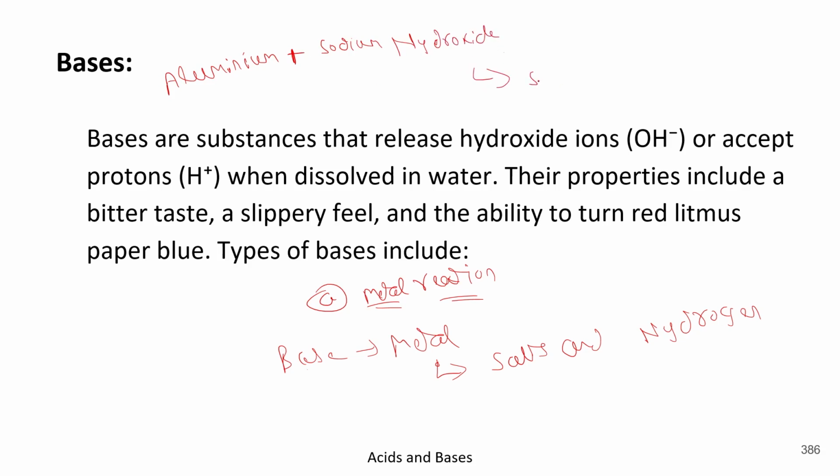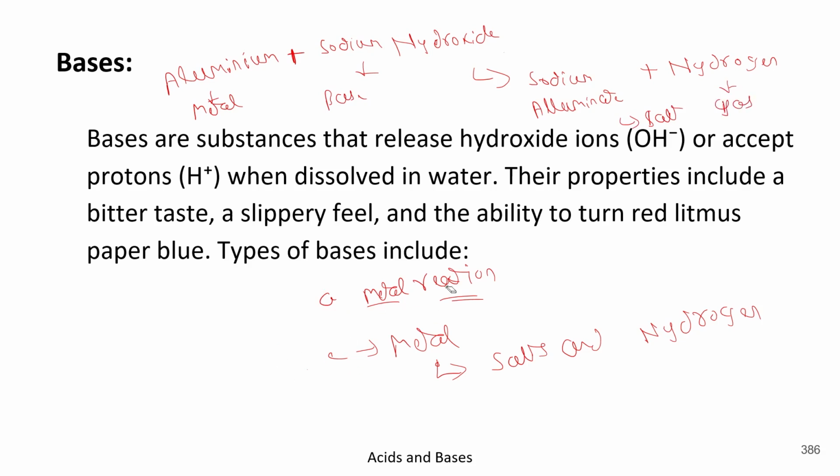Then it will give sodium aluminate plus hydrogen. In this scenario, aluminium is a metal, sodium hydroxide is a base, sodium aluminate is a salt, and hydrogen is a gas. And the same procedure will be followed as it was followed in the metallic part.